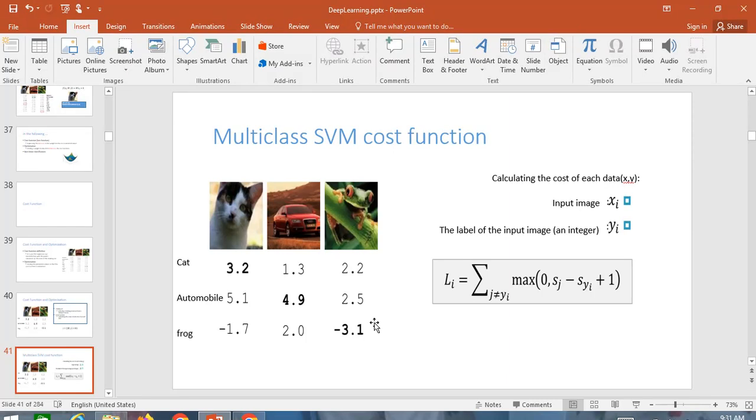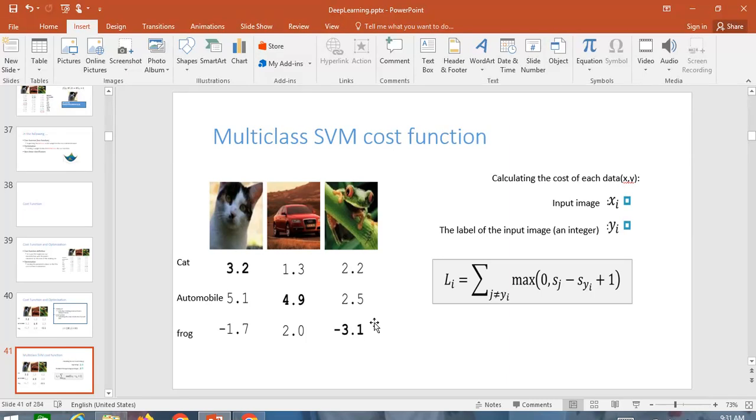Wi is the right class. J is a class other than the correct class. Wi is the correct class and J are the other classes. For example, if we have a cat class 0 here, in the first photo we are talking about yi is 0 and yj can be 1 or 2.